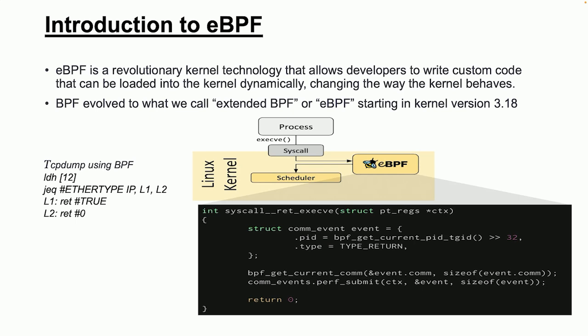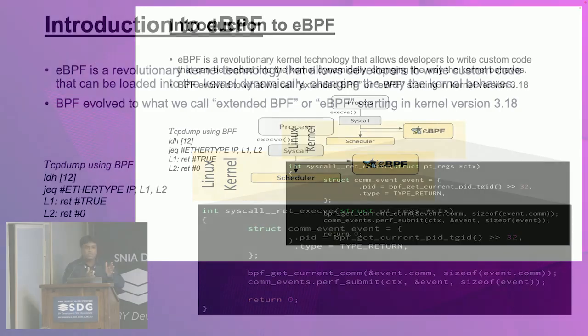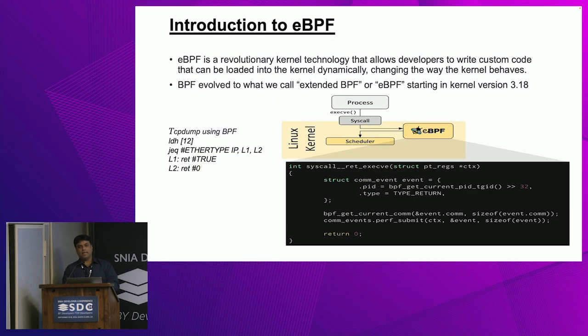Moreover, the initial BPF had a small number of registers and a smaller instruction set. Later on, extended BPF had a larger instruction set, and the register size and the number of registers also increased. Here is a simple example.